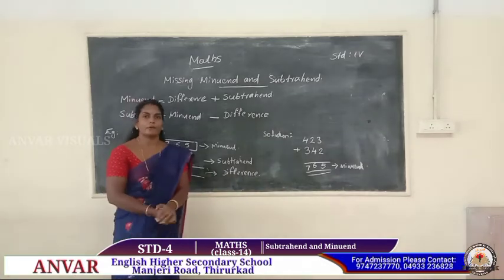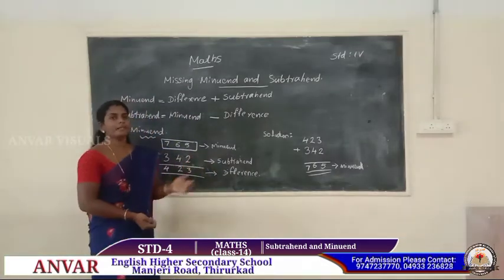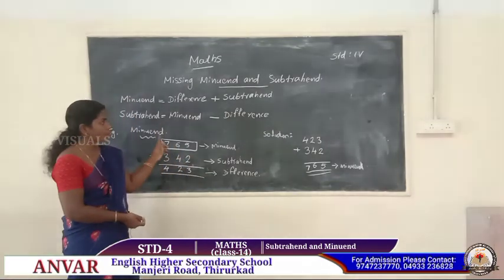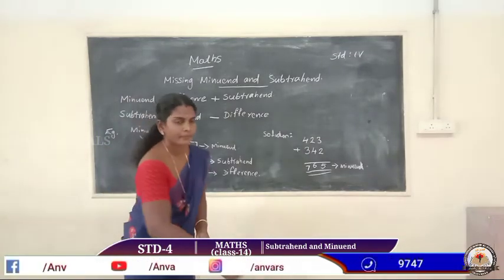This is the method for finding a missing minuend, or missing digit, when doing subtraction. I hope all of you are clear about finding a minuend. Is it clear?